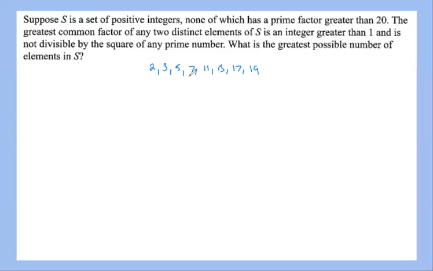So we have 8 prime numbers that we can actually use to make that set. And the greatest common factor of any two different elements in this set, let me write that as well. Let's say the GCF or GCD of two numbers shouldn't be 1, and also shouldn't be divisible by the square of any prime number.